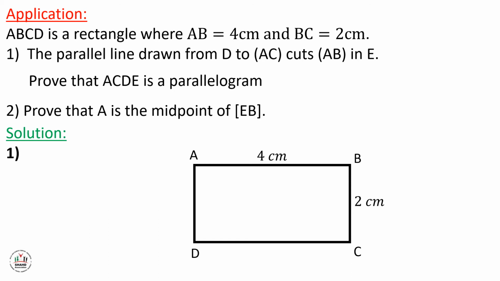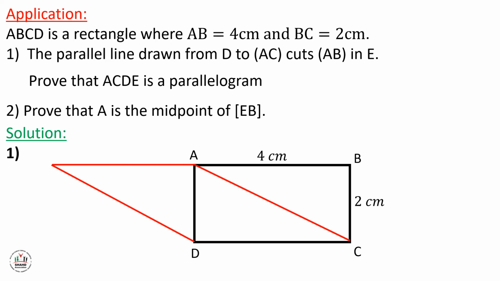So we should draw a parallel line to AC starting from point D. Here's the diagonal AC, and we draw a parallel line to this diagonal from point D. And it must cut AB in E. So we should extend the side AB in order to intersect with the parallel line. We name the point of intersection E. Now we want to prove that ACDE is a parallelogram.